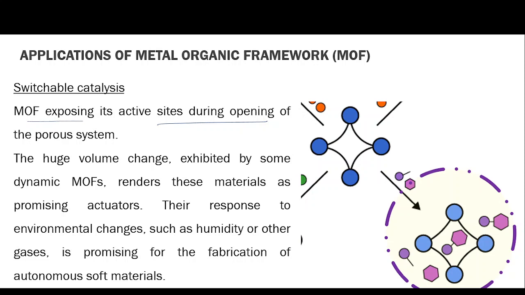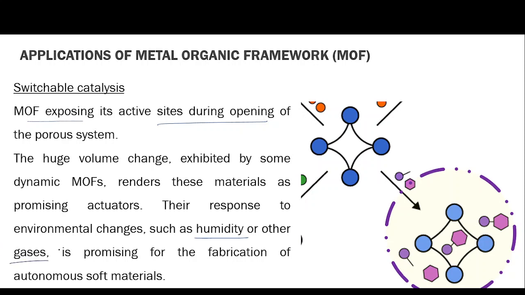But what is a dynamic structure? Dynamic structures are those structures or molecules which change shape only when you require it or only during a certain environment. Let's say humidity is more, then the MOF opens up its pores or changes its pores, and then it becomes active for the catalysis.